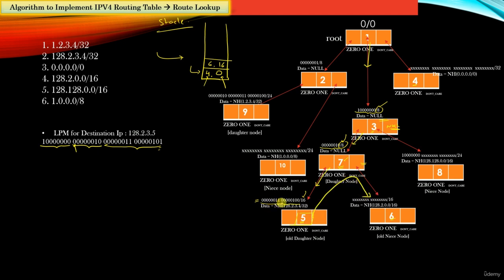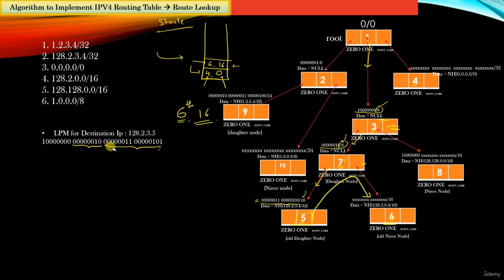But how? We are going to pop the element from the top of the stack. So when you pop the element from the top of the stack, it essentially says that we need to begin our search from the node 6, that is this node, and we have successfully parsed 16 bits of our input string.